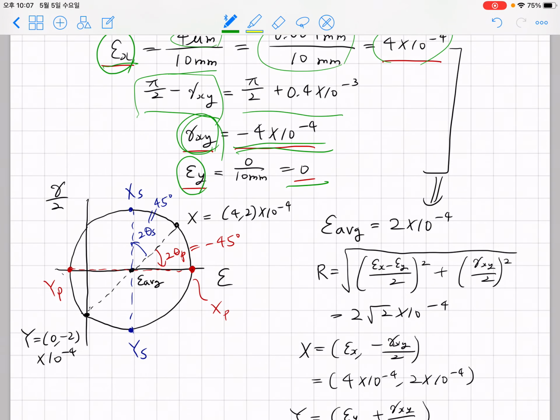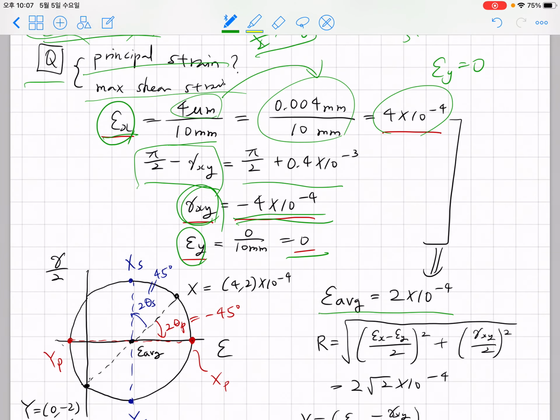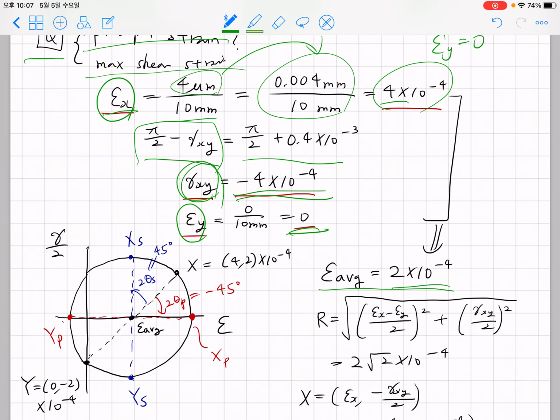To construct the Mohr circle, we have to obtain the average normal strain, which is (4 plus 0) over 2, so 2 times 10 to the negative 4. For the radius, by plugging in epsilon x, epsilon y, and gamma xy, we end up with the square root of (4 divided by 2) to the second power plus (gamma xy, negative 4, divided by 2) to the second power, so 4 plus 4 is 8.